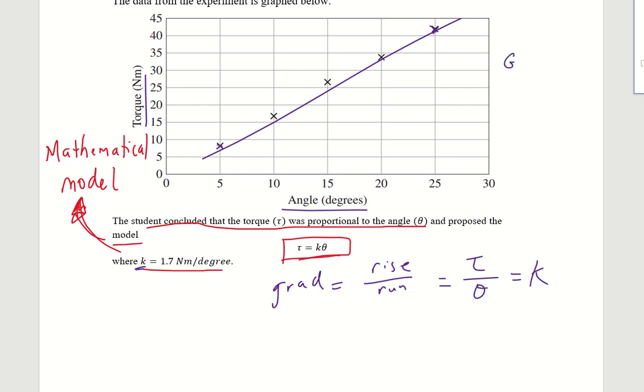When it comes to finding the gradient, this is a little mistake that a lot of kids end up doing: they choose the data points as the points to assess for their gradient. That's not how you do it. To find the gradient, it must be data from the line of best fit. So I'm going to change the color so it's really obvious for everyone.